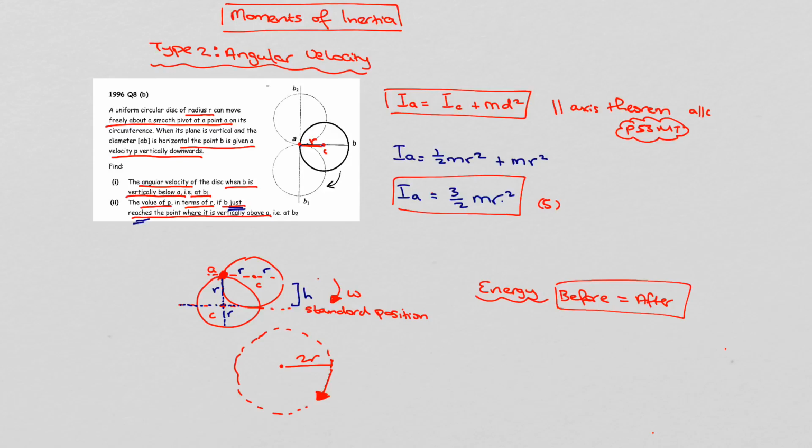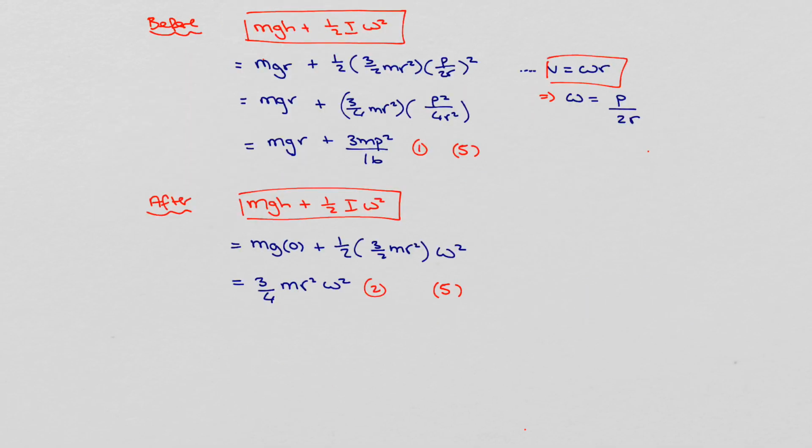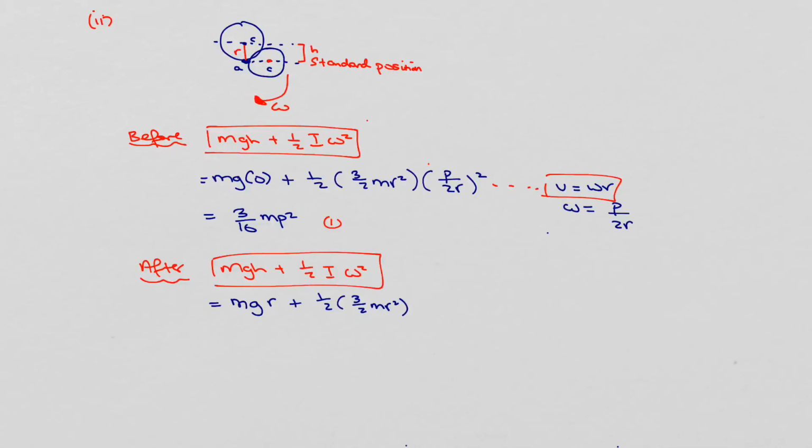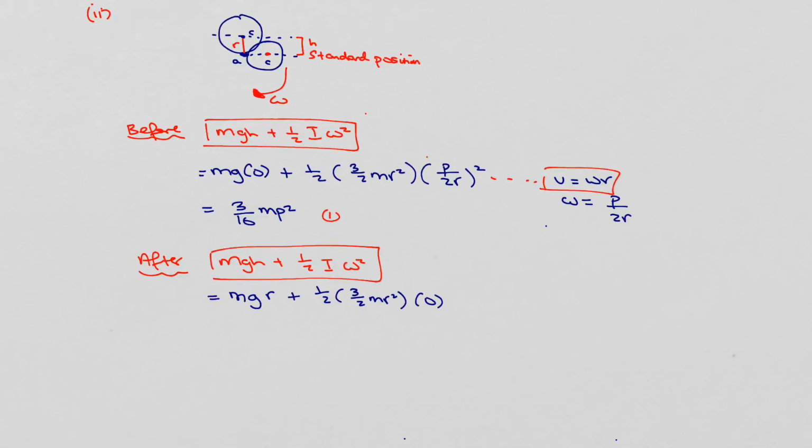So if it just reaches that point, it has just enough momentum to get to the point B2, which means that it is just coming to an end. So its angular velocity is going to be 0 at this position. And therefore that all cancels, leaving us with just mgr for our second equation.